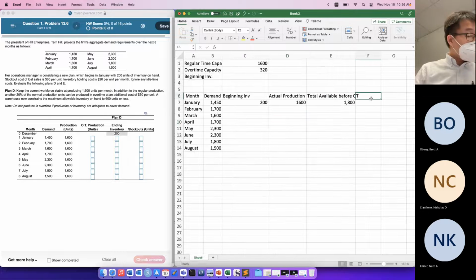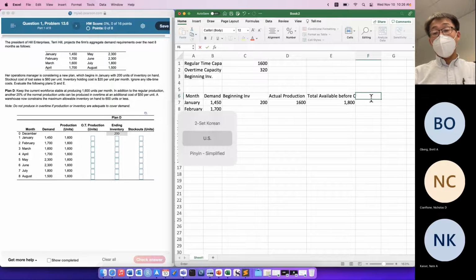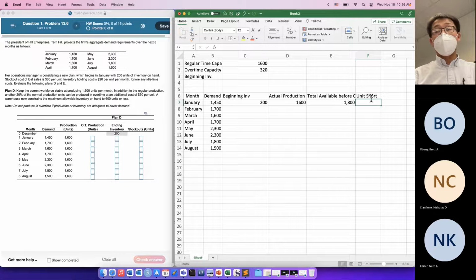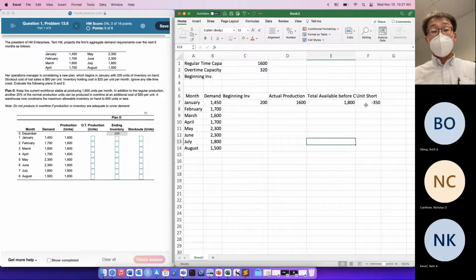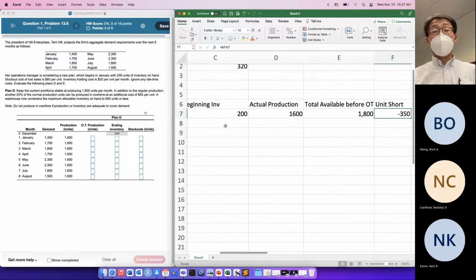What else is needed? We need to think about units short. How do you figure out units short? Let's do this: units short is the difference between the demand and the supply. Does this look all right? You're negative 350 short. Does this look all right?